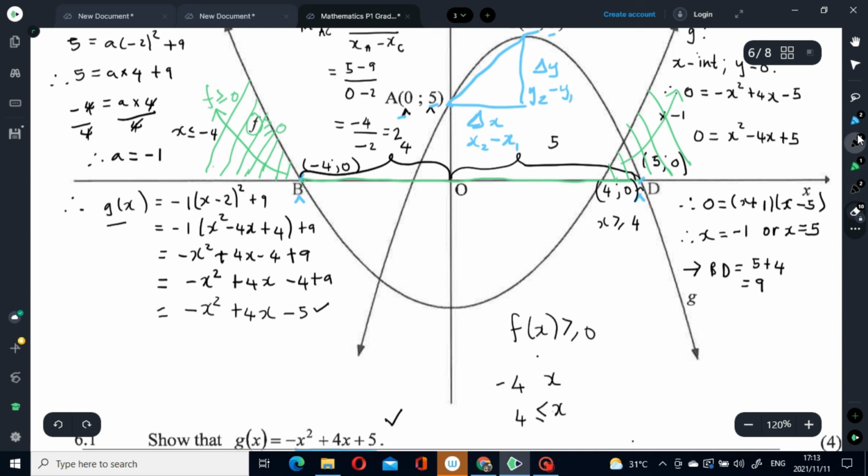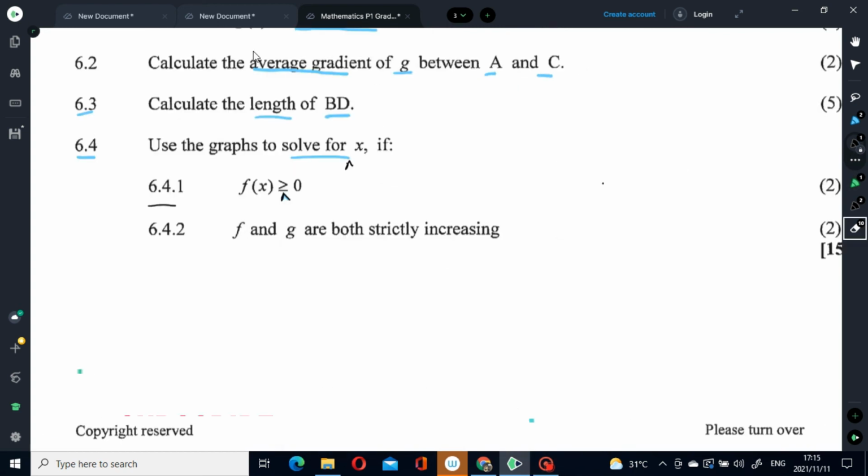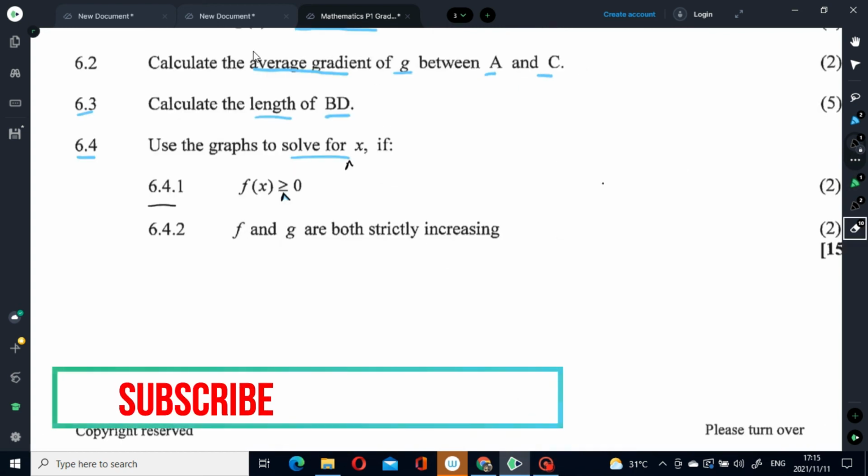No, sorry, let's check. X should be less than or equal to negative 4, and x should be greater than or equal to positive 4, right? Okay. Let's move on to the next question, 6.4.2.